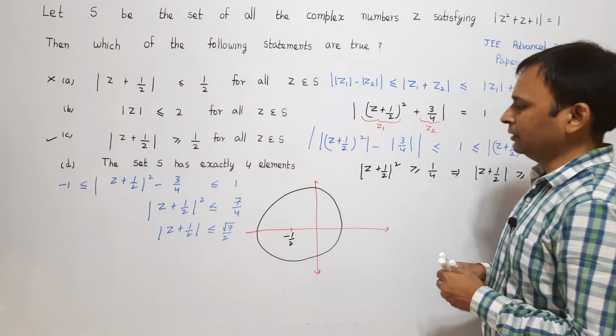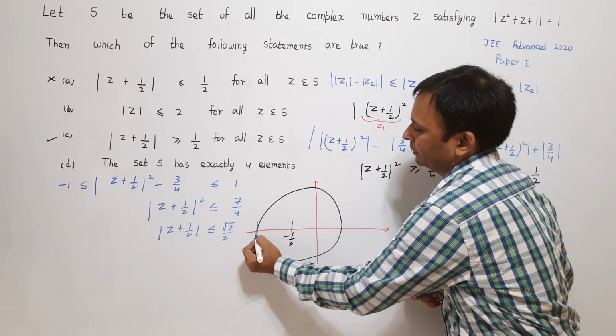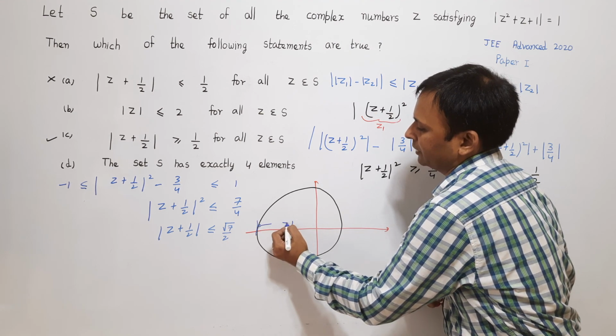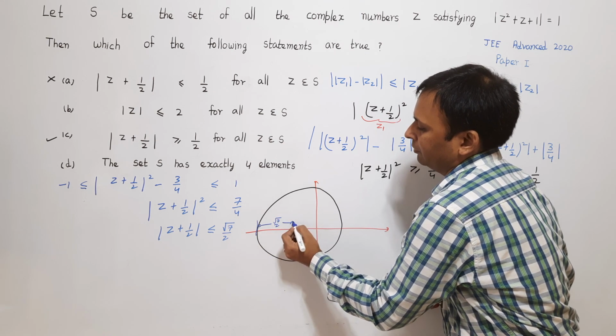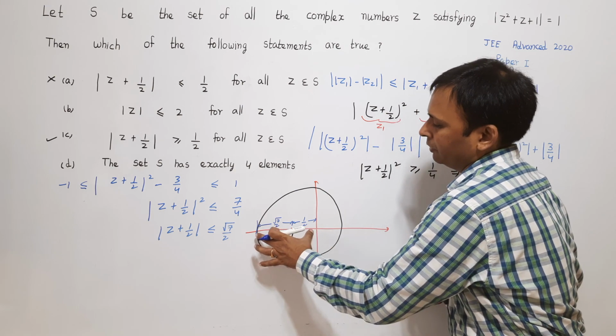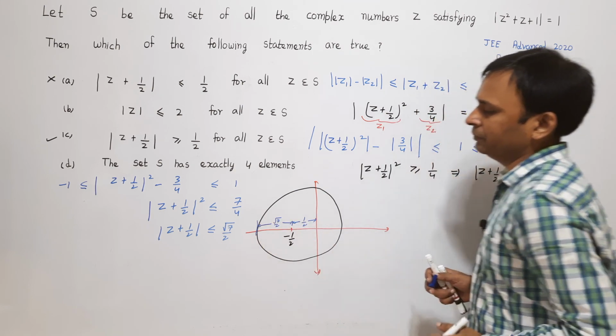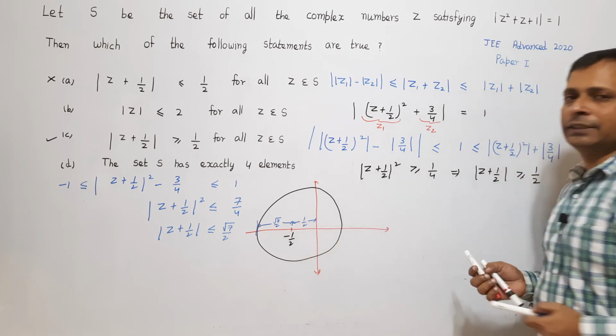Now here this distance is 1 by 2, and this other distance is nothing but the radius of the circle, which is equal to root 7 by 2. So overall the maximum value of mod of z should be root 7 by 2 plus 1 by 2.